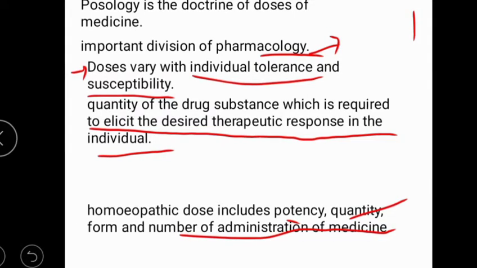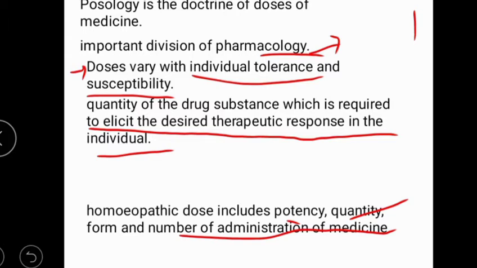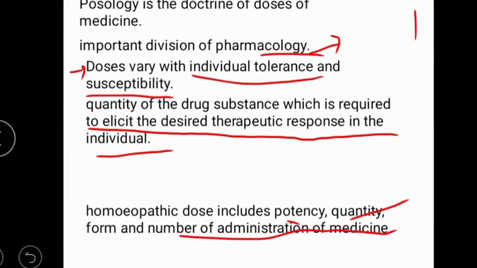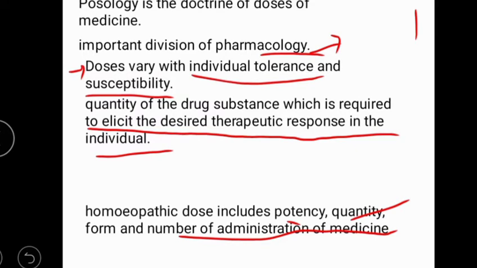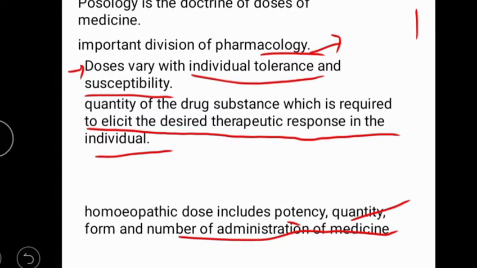Potency means the strength of the mother tincture or drug power. Quantity means the quantity of the material dose, the drug which we take, and administration means how often we repeat the medicine. That is what deals with the homeopathic dose.